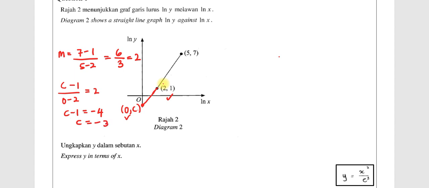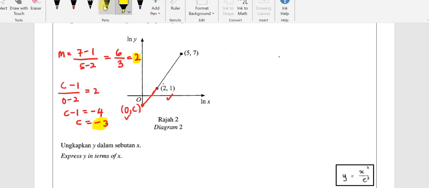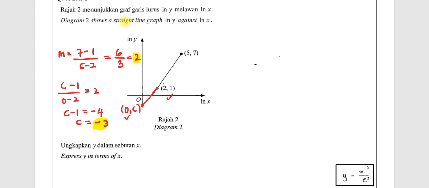Okay, we got our gradient and our y-intercept. Our gradient is 2. Our y-intercept is negative 3. Alright. So let's move on and build the linear form first. Linear form is Y equals mX plus c, correct or not?